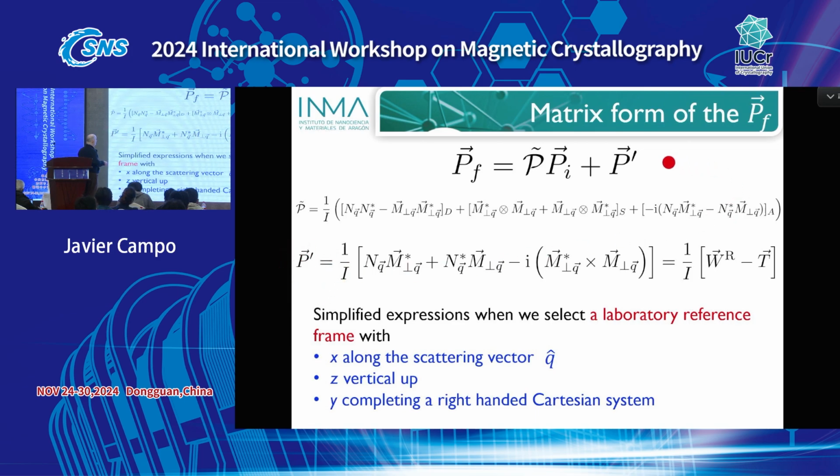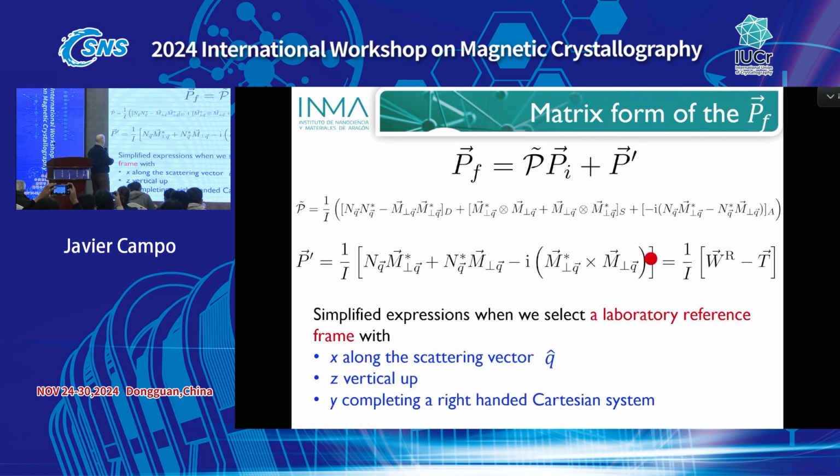This vector is here. And the vector finally is 1 over the total scattering intensity, of the real part of the nuclear magnetic interference vector minus the chiral vector.